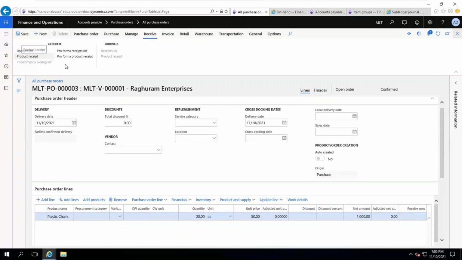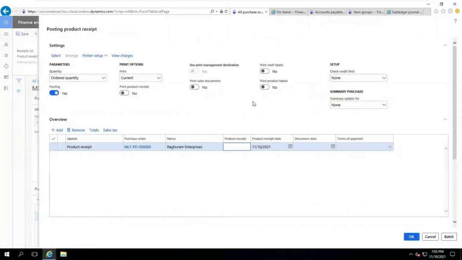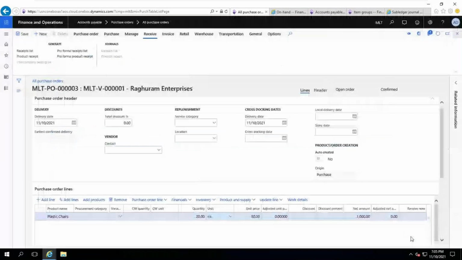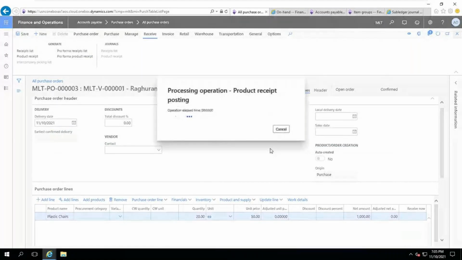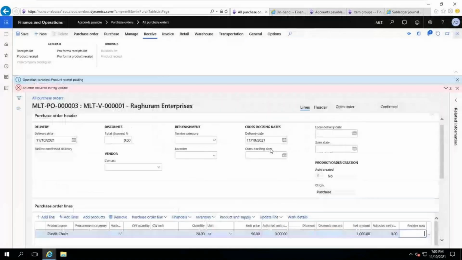Now I will get another error message. Purchase accrual does not exist. Once again, one more error message.